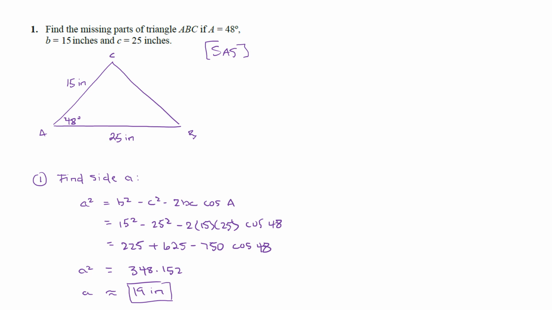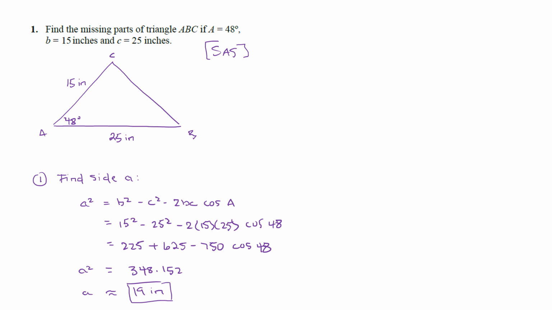So now we know the length of side A. Next, let's find one of the two missing angles. We need to find angle C and angle B. Now which one would we choose first? Would it be B or would it be C?